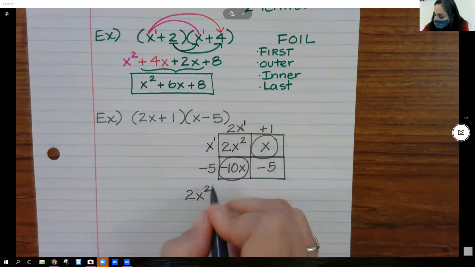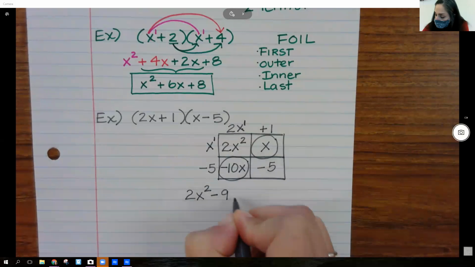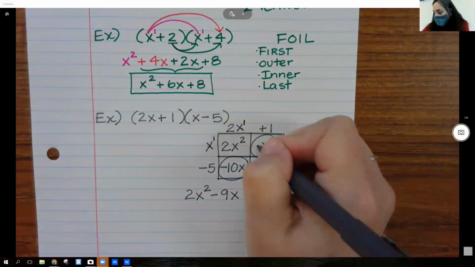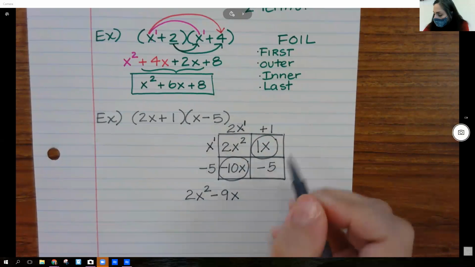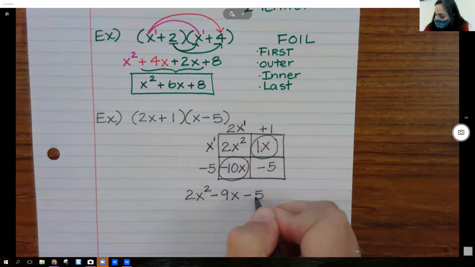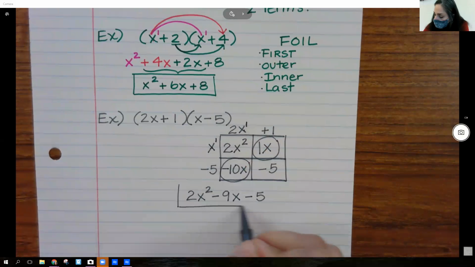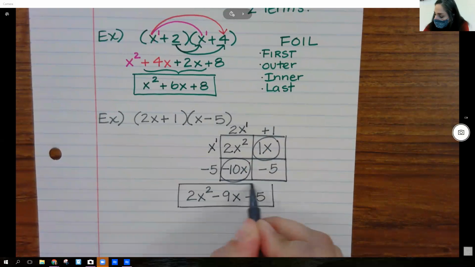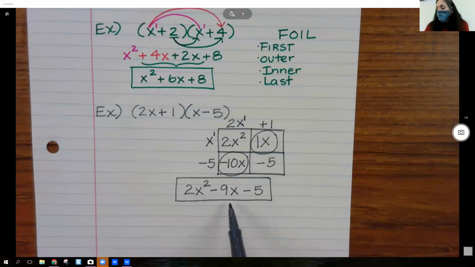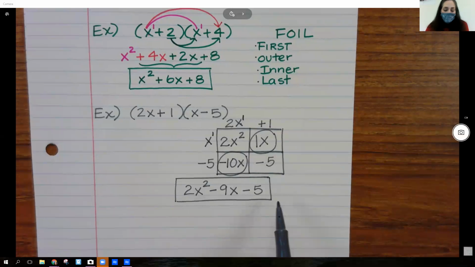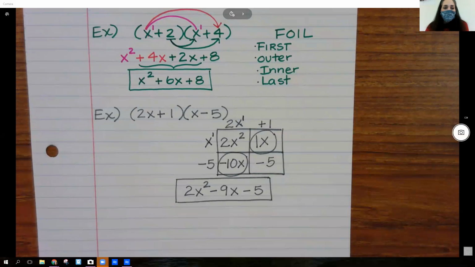This would become negative 9x, because that would be a positive 1. And then the negative 5 is the only thing that's just a number, so that's just going to come down. And this polynomial, 2x squared minus 9x minus 5, is your final answer. Okay? And that's what we're practicing for today.